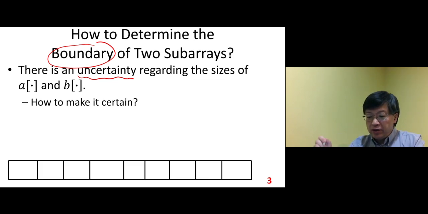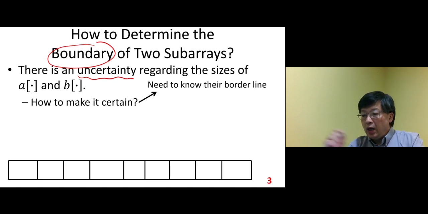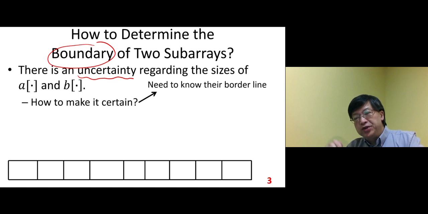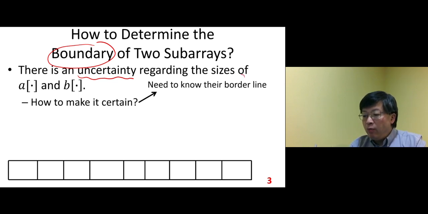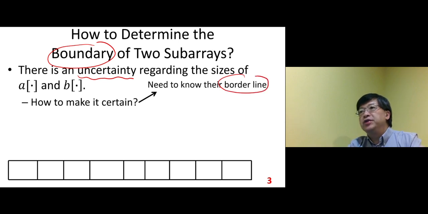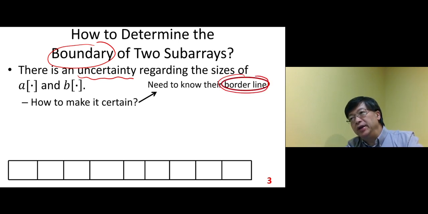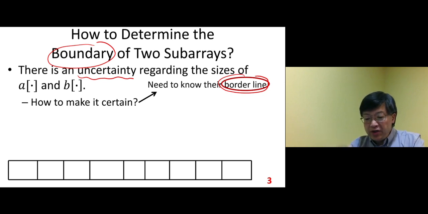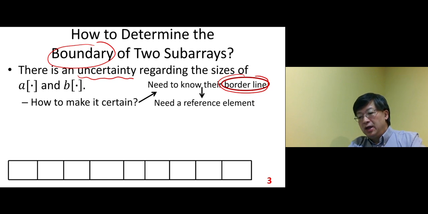So let's draw a diagram here. In order to define those two subarrays, we want to know their borderline. So what is their borderline? Which element separates these two subarrays? Here we can call that the reference element.